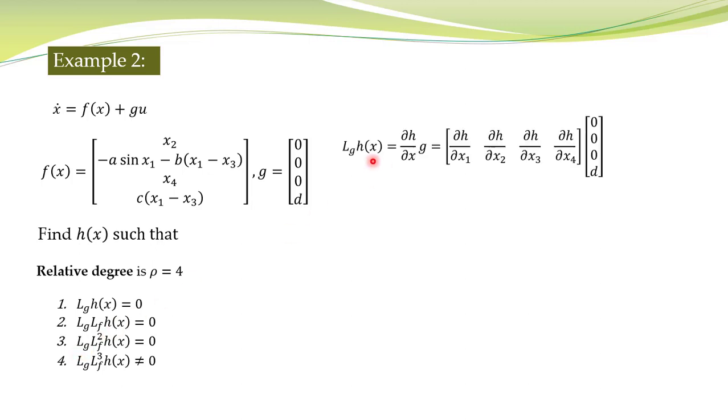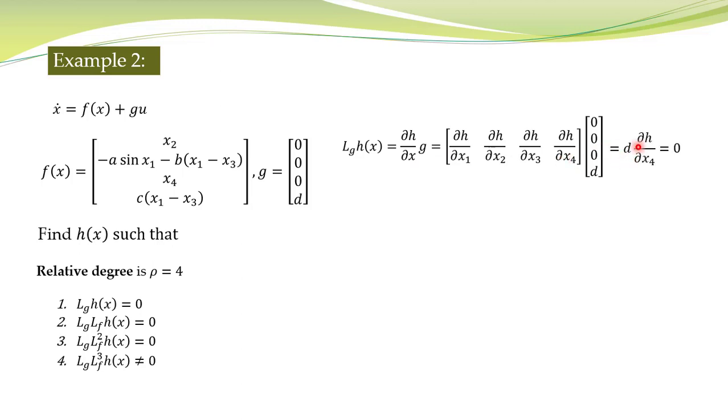So from the first condition we have the lead derivative of h of x along g of x that we want to be equal to 0, so we compute it. Its partial derivative with respect to x multiplied by g, this is by definition. So partial h over partial x is given over here. Derivative of this function with respect to a vector is this vector, and from here what do we get?